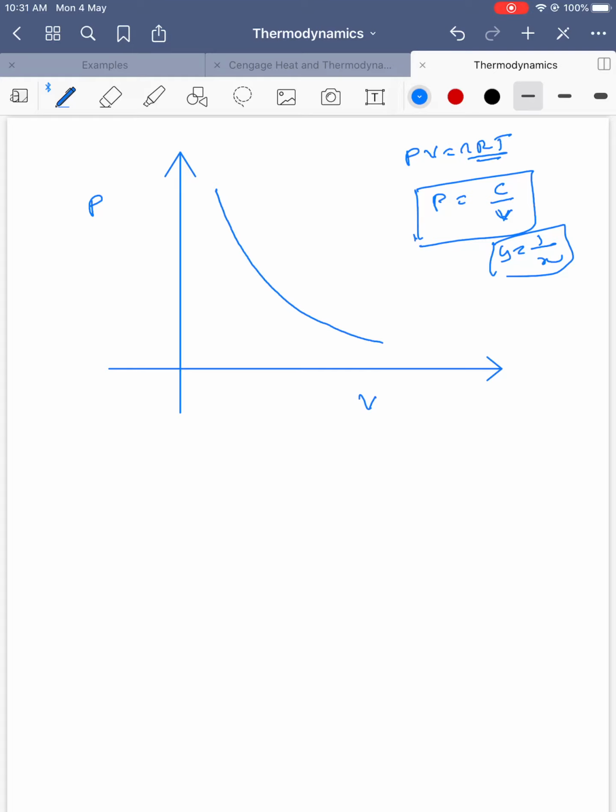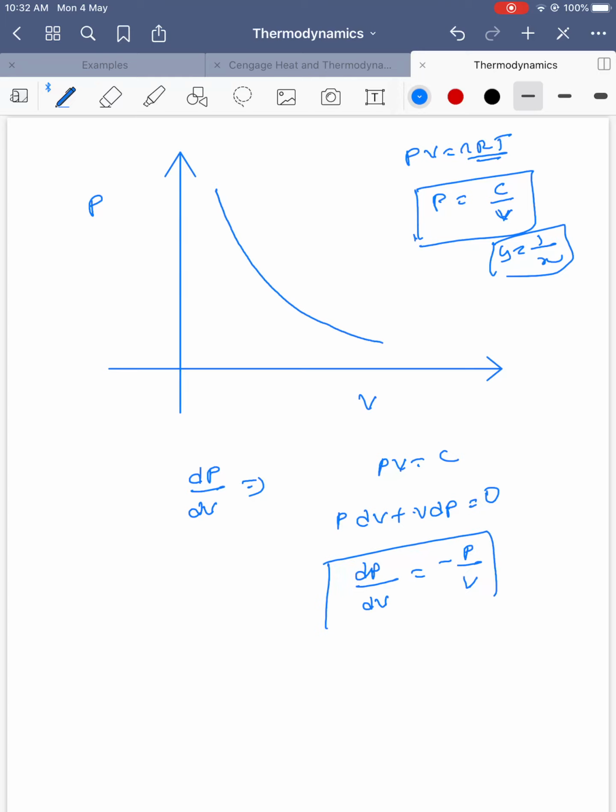The slope is dP by dV. We have PV equal to constant. Differentiating, P dV plus V dP is equal to 0, and dP by dV is equal to minus P by V. The slope of this curve is minus P by V.